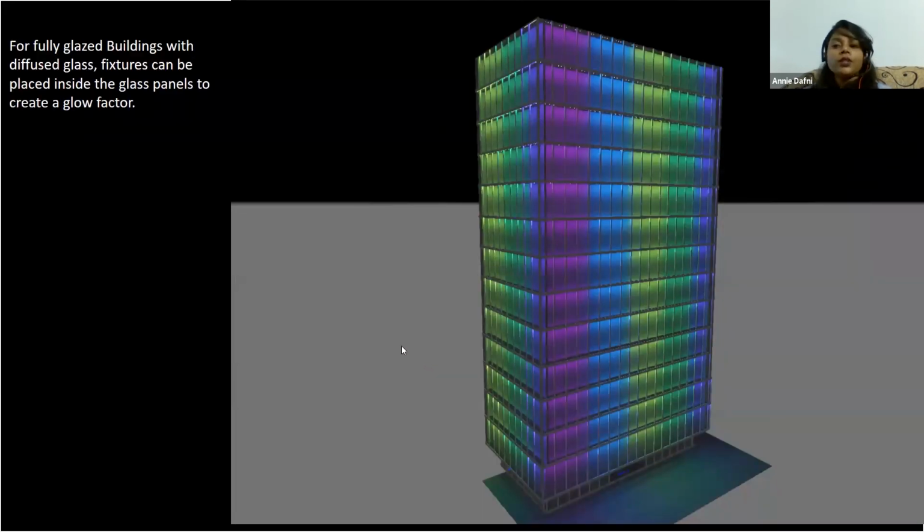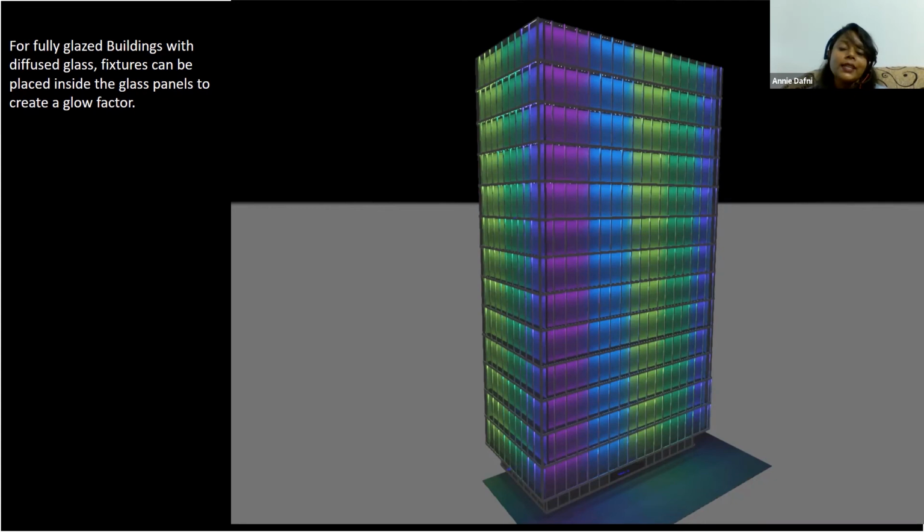The next technique is the indirect lighting technique. If you have a diffused installation with diffused glass, then you can place either linear grazers, the Pixlines, or even the VC dots along the diffused glass on the inside of the facade, and you will see the indirect wash effect from the outside.